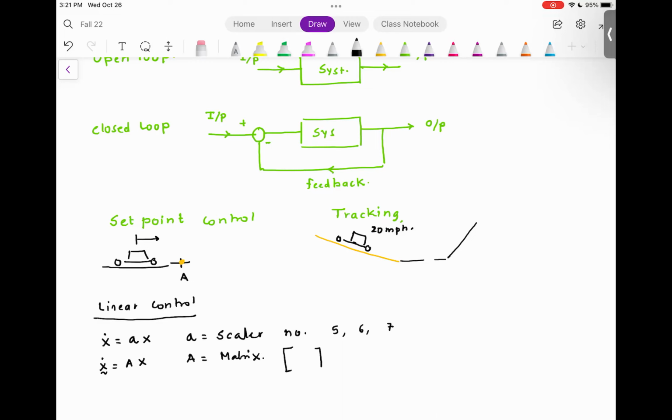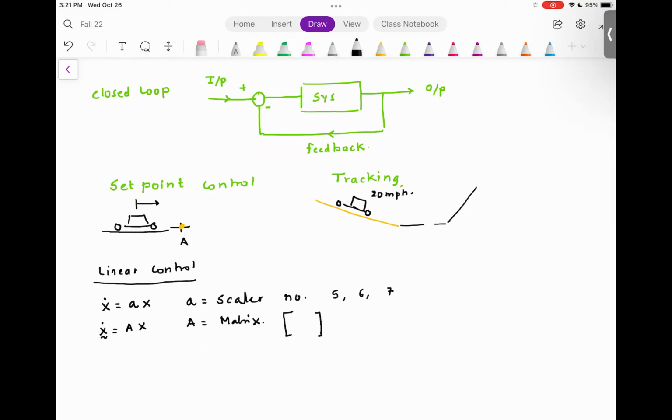Now, I want to emphasize once again what dictates the stability of the system. So, x dot is equal to ax. When can I say this system is stable, asymptotically stable, or unstable? So, once again, I'm going to talk about the first. When A is equal to 0, your response is going to be something like this. This is time. This is x. Are you with me?